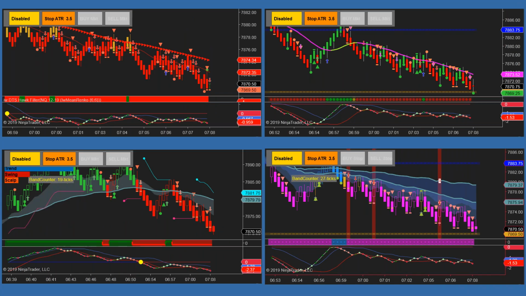Now here's a situation. I've had my 3 trades. So I've met my trade quota, but I'm still in the black, or pardon me, in the red. So in this situation, I would look to take another trade.